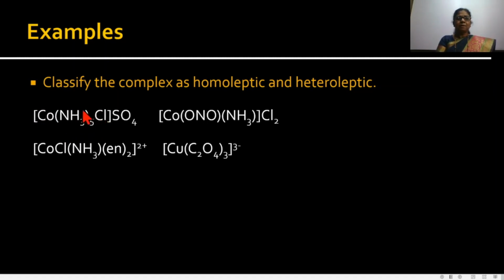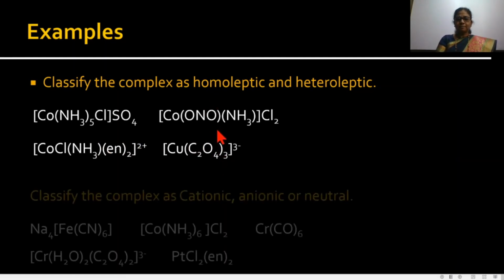Therefore, two different ligands, so this compound is a heteroleptic complex. In this example, there are also two different ligands. Therefore, it is also heteroleptic. In this complex, there are three different ligands. Therefore, it is a heteroleptic complex. And in this example, there is only one type of ligand. Therefore, it is homoleptic.